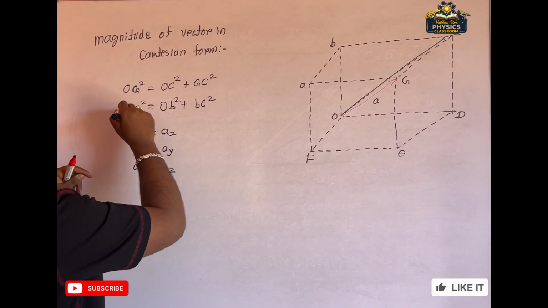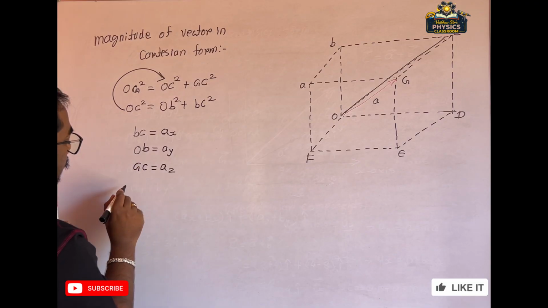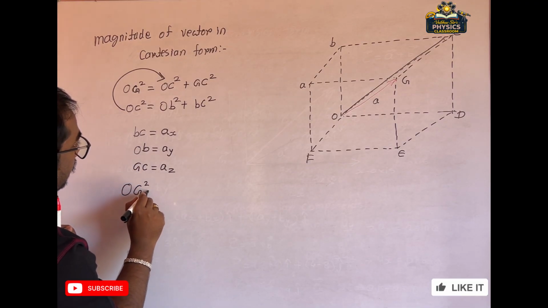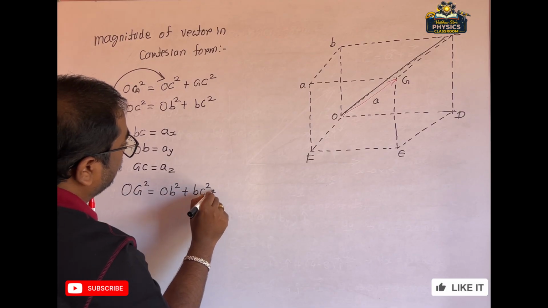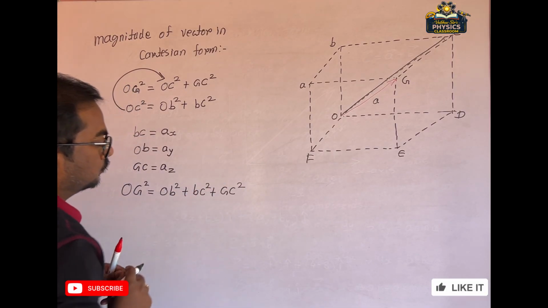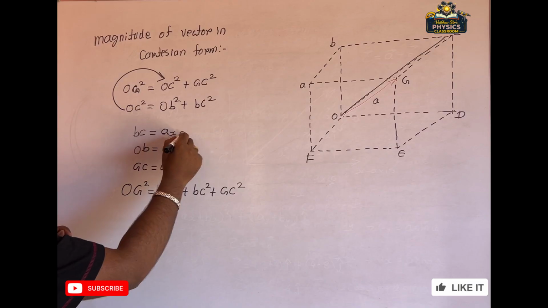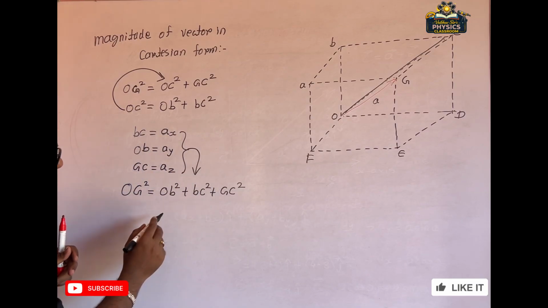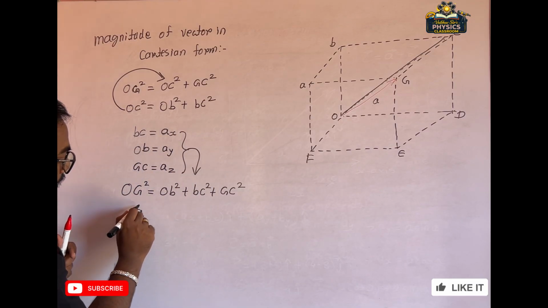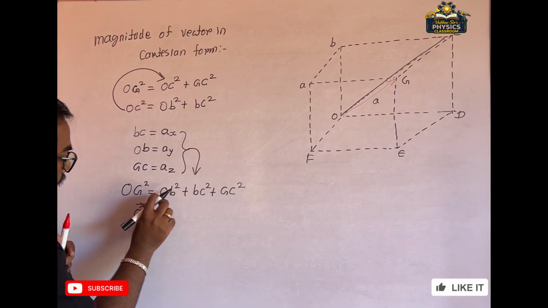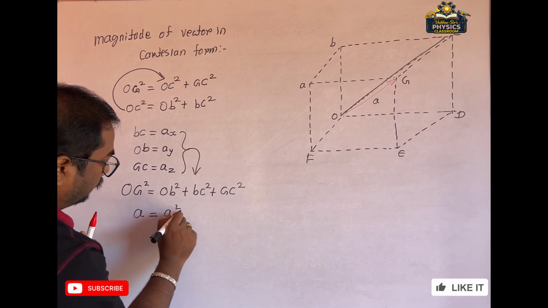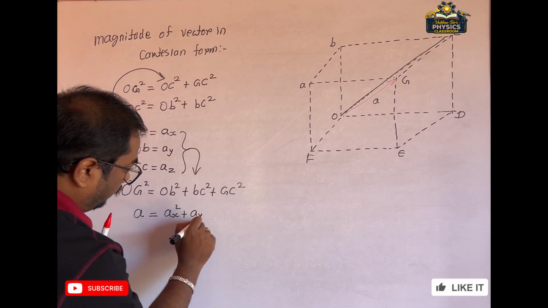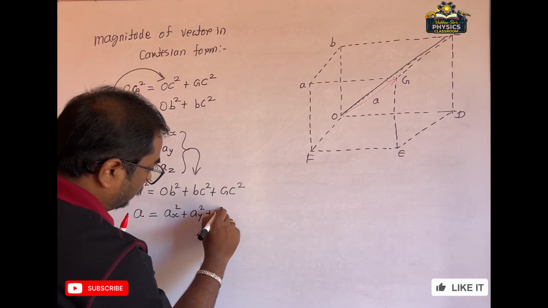If I put these values here, the OG square will be OB square plus BC square plus GC square. If I put all three values here, we will get A square, which will be Ax square plus Ay square plus Az square.